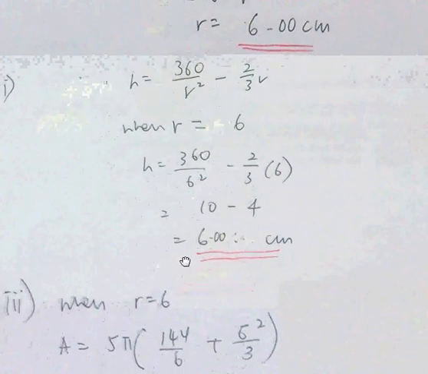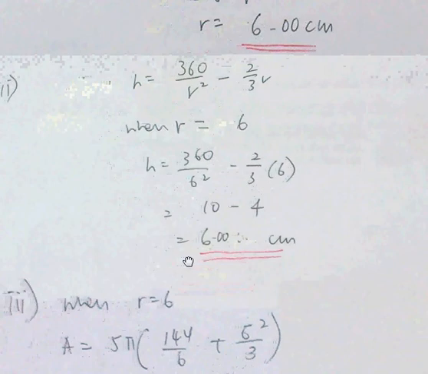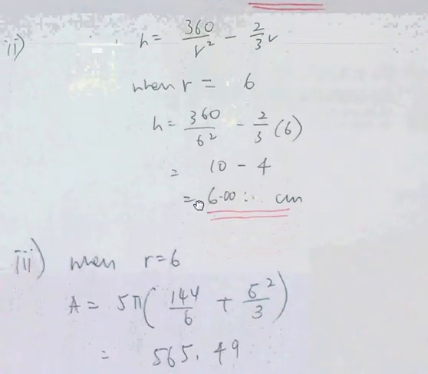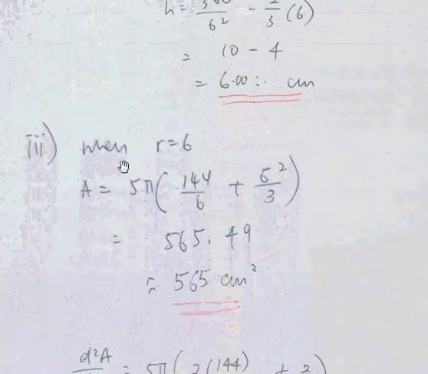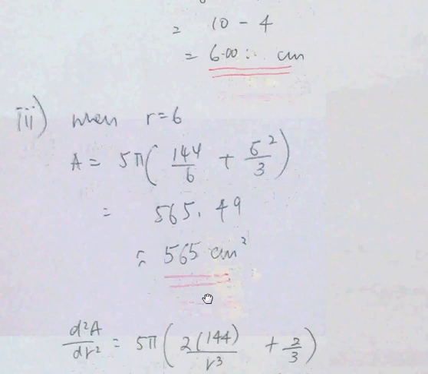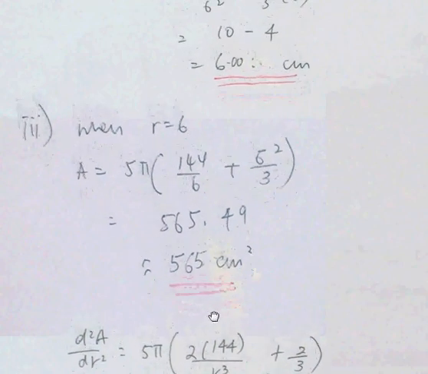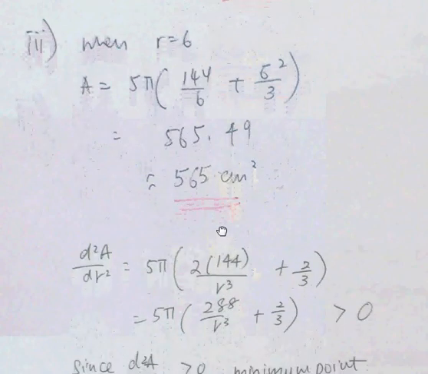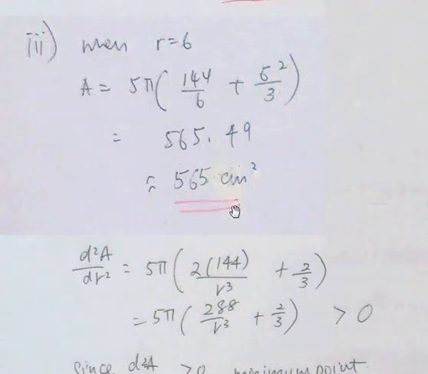To find the stationary value of A, we find the value of A when r equals 6. So A equals 5 pi times (144 over 6 plus 6 squared over 3), which equals 565.49, which is 565 centimeters squared.